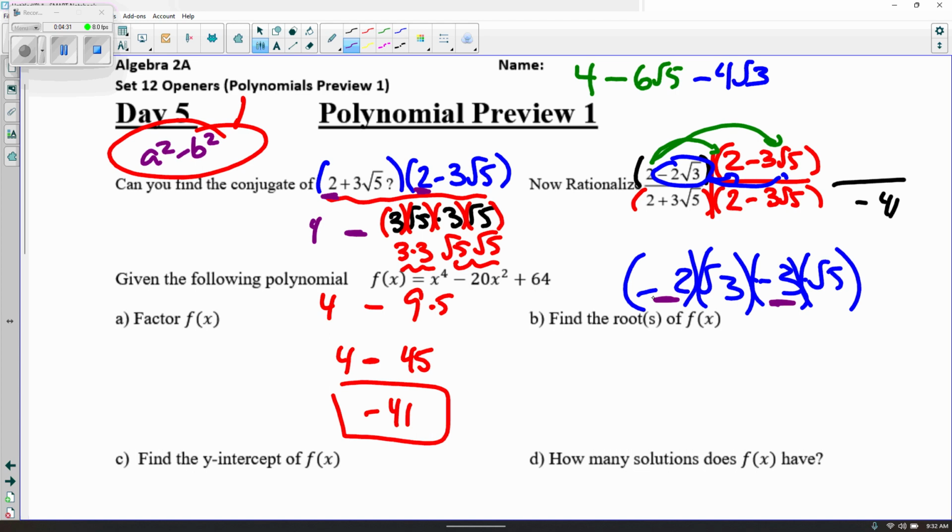Which gives you what? 6. And then what about the roots? What happens when you put root 3 times root 5? Root 15. So I get plus 6 root 15. There is your numerator, and there's a minus 41 on the bottom.